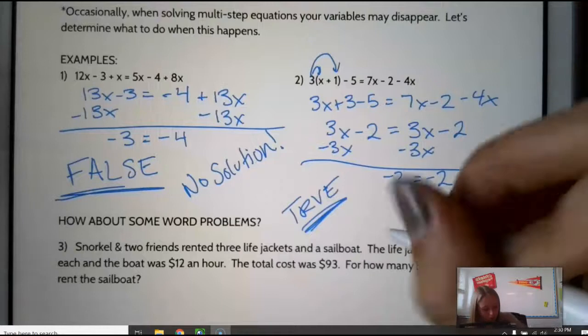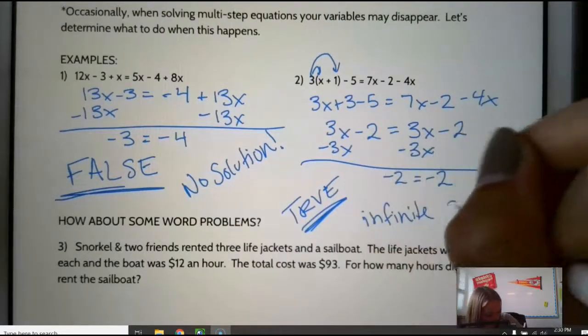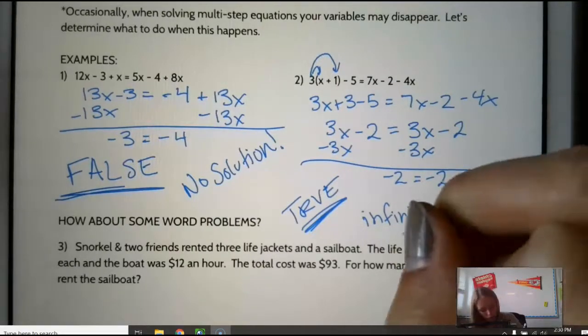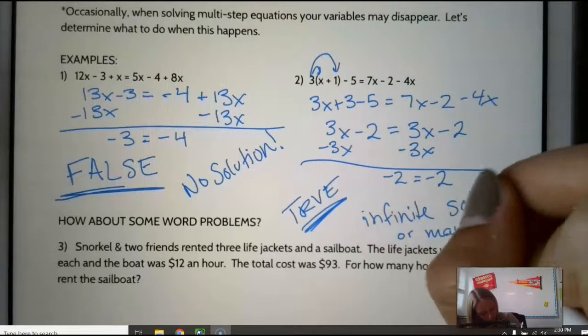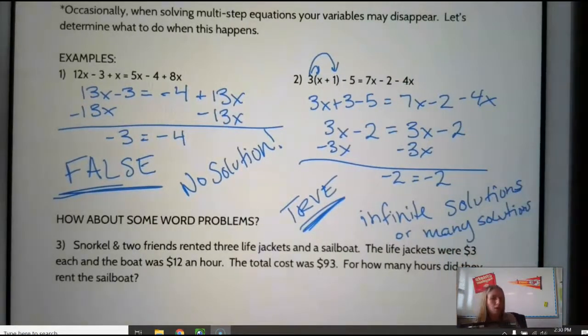So that means there are infinite solutions, or you could say many solutions, whatever you prefer to say. So that is what happens when our variable may disappear.